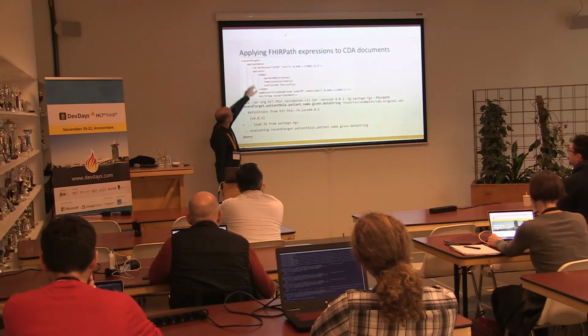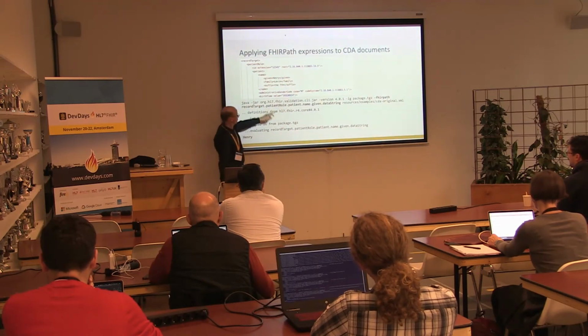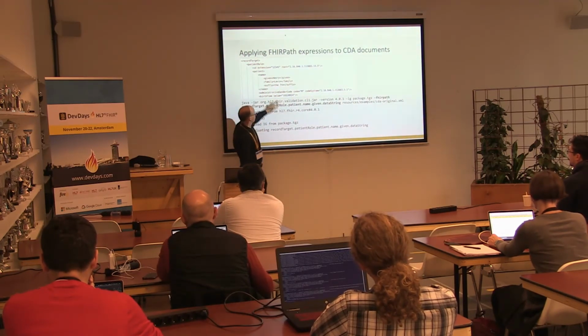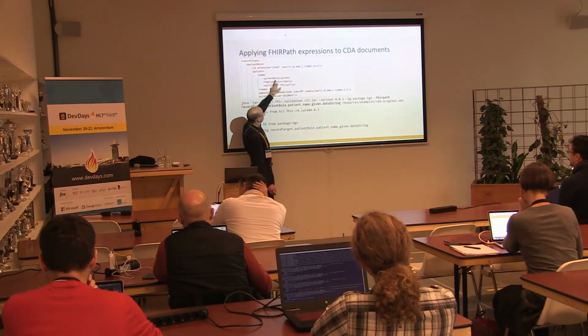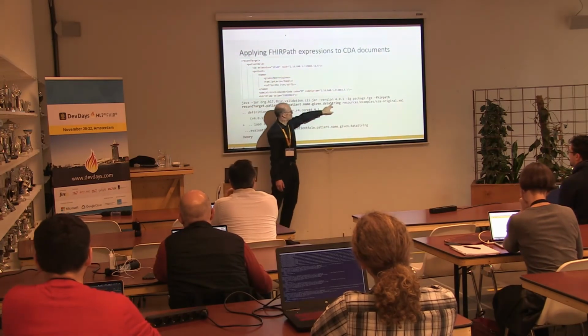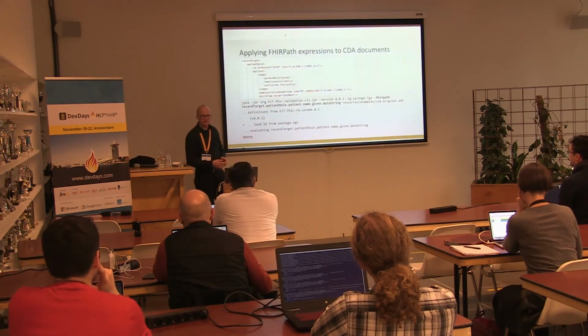Record target dot goes into that tree. Patient role goes into the patient role. Patient goes into the patient. Name goes into the name. Given goes into given. And since this one is not a value attribute like in FHIR, you have to provide data string here. That's because of the logical model. But this is a very easy FHIRPath expression.